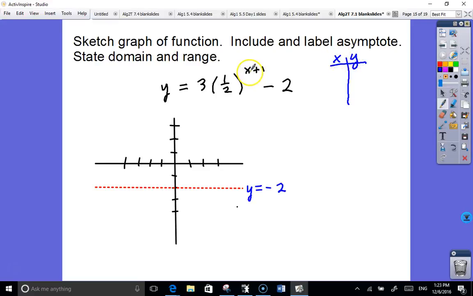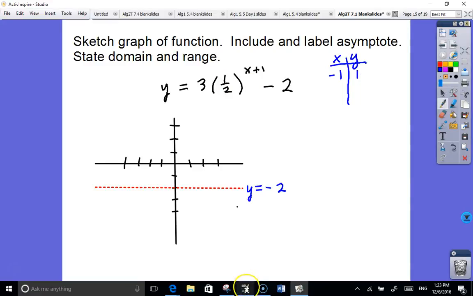See, if I substitute x equals 0, or -1, then what does this function equal? Right, you'll get 3 times 1 minus 2, 1. Here's another way you could do this, right?